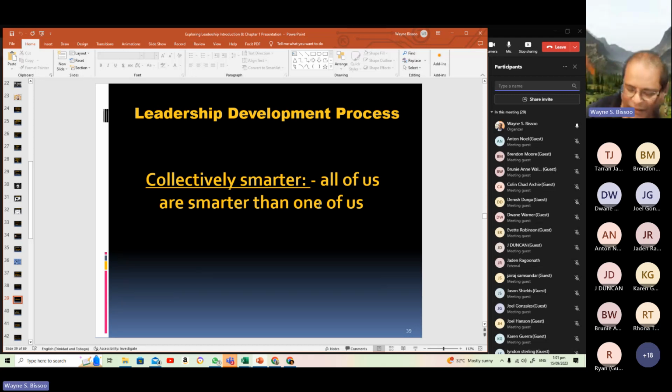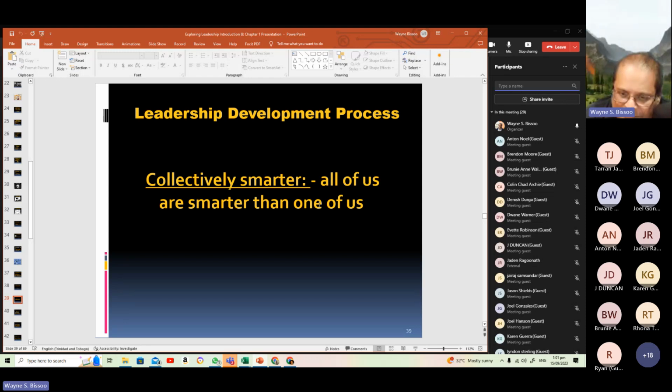Collectively smarter is a common situation here. When you're faced with a problem, the more perspectives that you have available to evaluate and assist with finding a solution to that problem is going to be better, because more people bring more experience to the problem. But if you alone are looking at a problem, the only solutions that you can come up with are those from your limited perspective, your limited training, and your limited concepts of things.